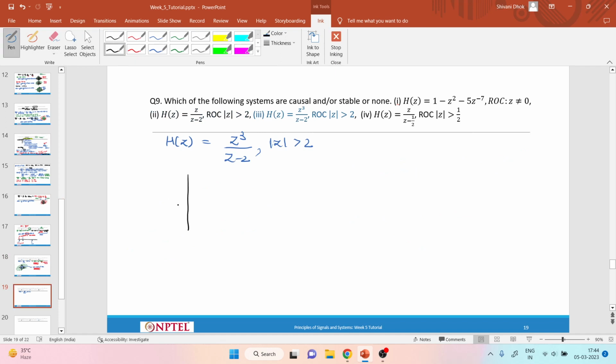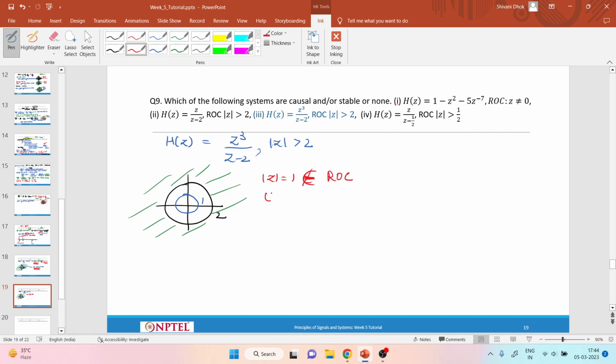This region of convergence is outside the circle of radius 2, and my unit circle is again not included in my region of convergence. That is, mod of z equal to 1 is not included in ROC. Therefore, it is unstable.